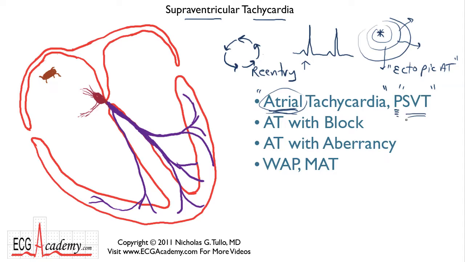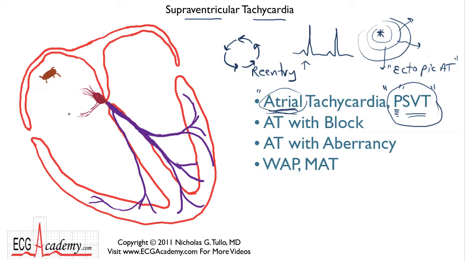But we'll talk about PSVT because PSVT is a very common problem. We see it in the emergency rooms, and we can see it on Holter monitors and whatnot. Now, with PSVT, basically the problem is coming from above the ventricle somewhere. One of the more common arrhythmias that we'll see originates from the AV node itself. And you see these transitional fibers. They are the anterior fibers here and the posterior fibers here.